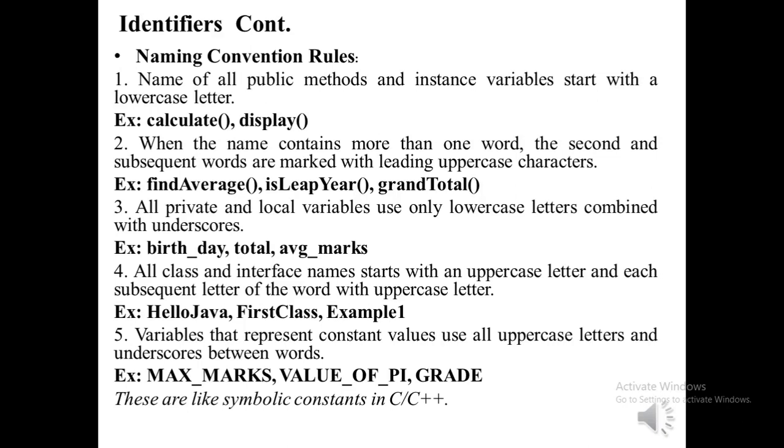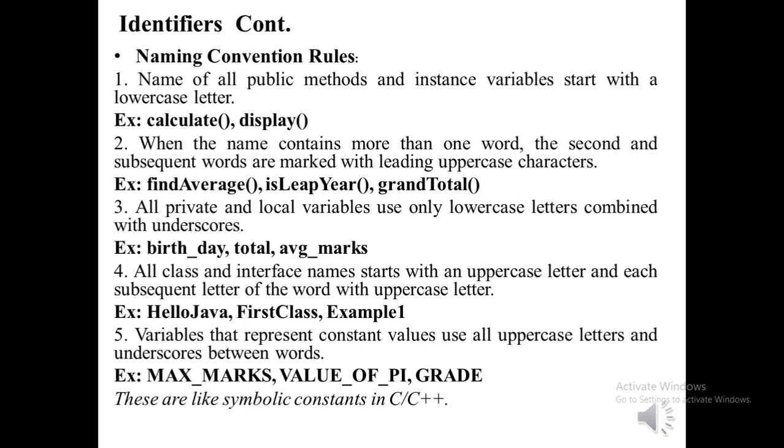For example, findAverage. This has two words, find and average, and the second word average has its leading character uppercase, that is capital A. This is the way we can declare names such as findAverage, isLeapYear, grandTotal.